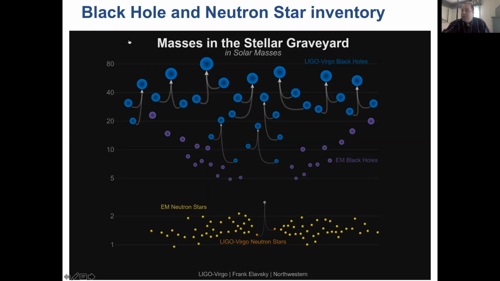All of these blue ones are the LIGO Virgo black holes. These are the ones that we've detected by merger events. These purple ones are the ones that we have detected by electromagnetic radiation, in other words, inspiraling normal matter that's emitting lots of photons.